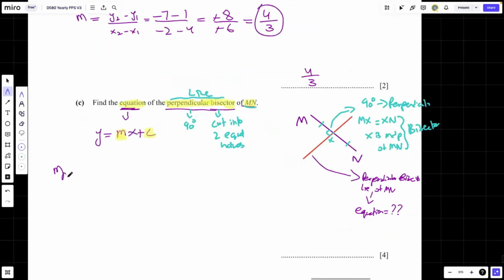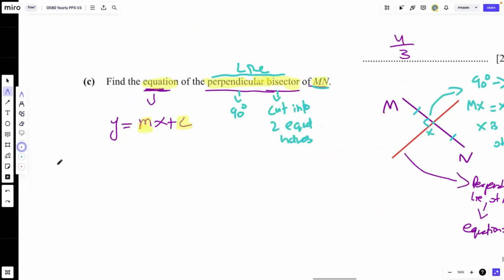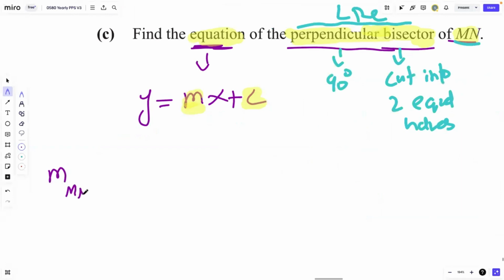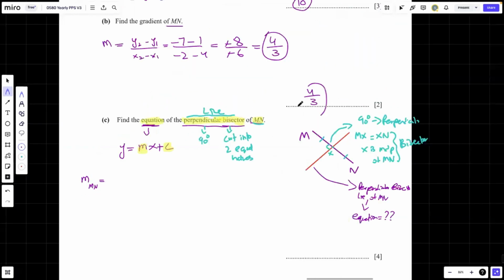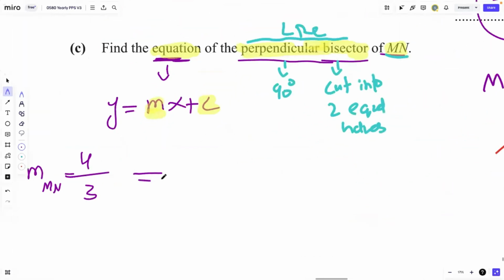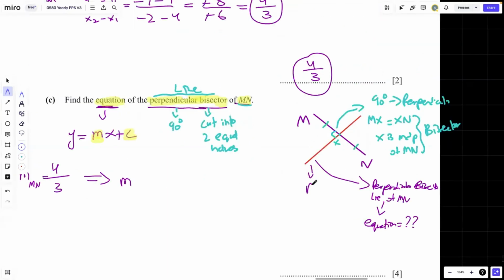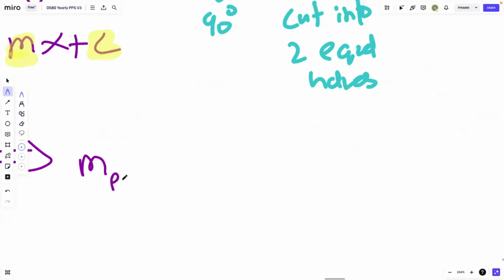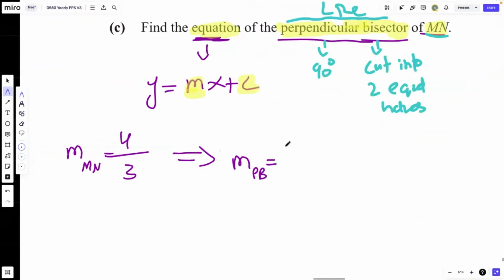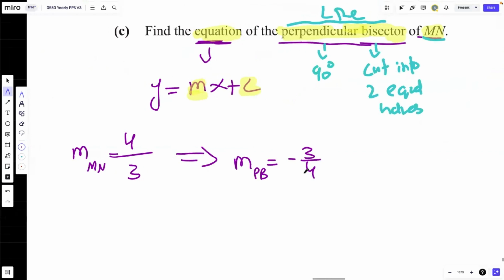Now we know the gradient of MN, found in the last part as 4 over 3. This implies the gradient for the perpendicular bisector, so I'm going to call this line PB, is going to be -3 over 4.